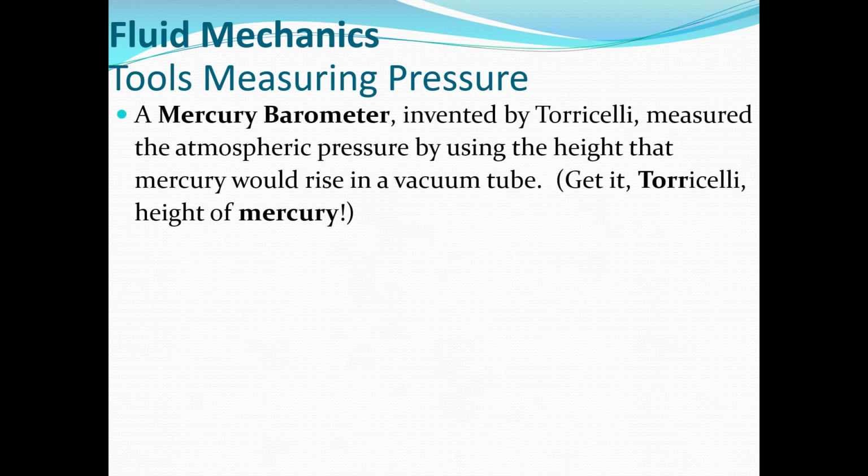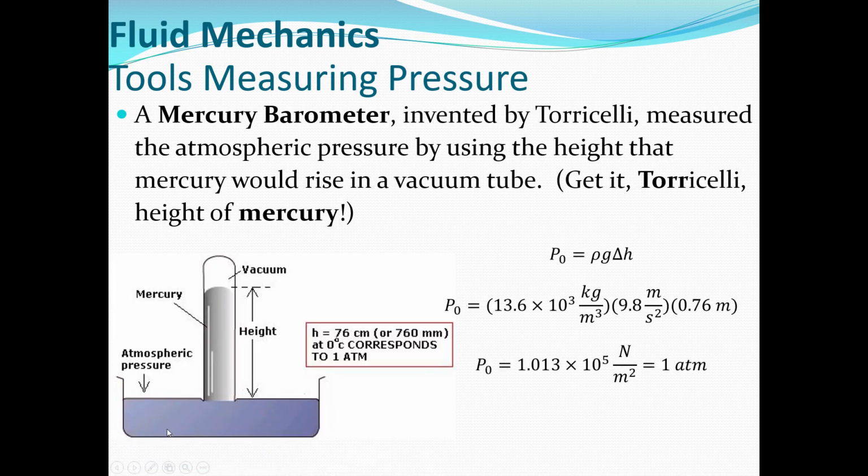Now, there's another tool called the mercury barometer, invented by a guy named Torricelli, which was able to measure atmospheric pressure by measuring the height of mercury. So basically, same thing.